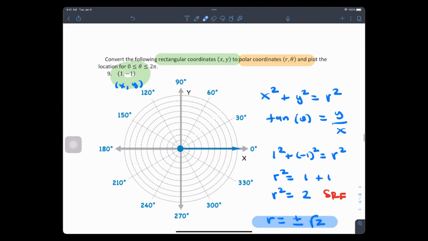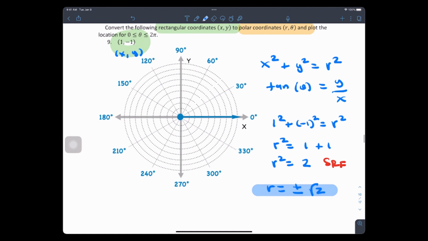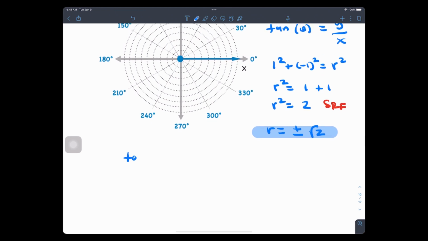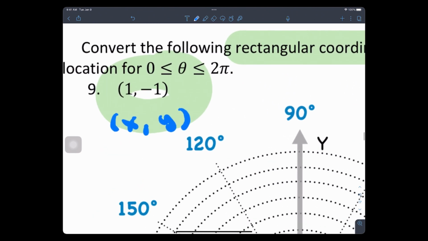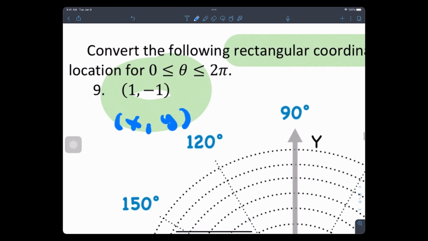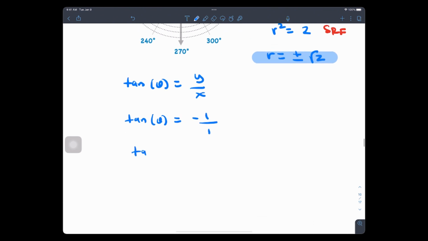Sorry about that. Now you say, well, how do I get the angle theta? Well, this is where you use tangent theta is y over x. What is the y value? Isn't that negative 1? What's the x value? Positive 1. So tangent theta will be negative 1 over 1, or tangent theta is simply negative 1.